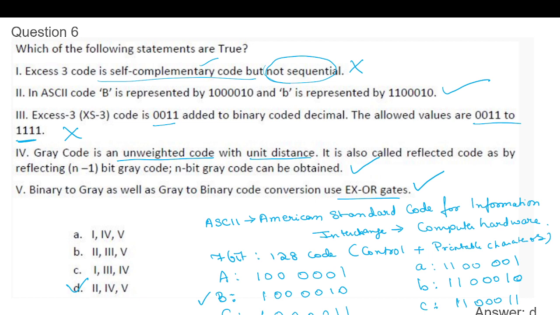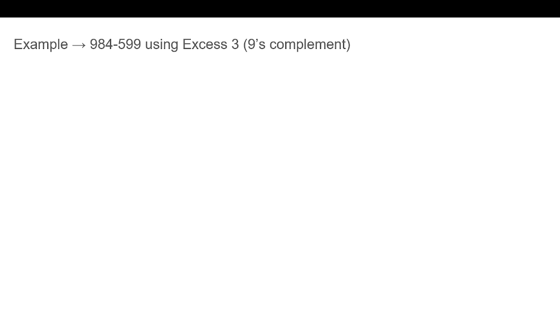So this we will go for XS3 based subtraction. Let's try one example. 984 minus 599. 984 minus 599 is 385.